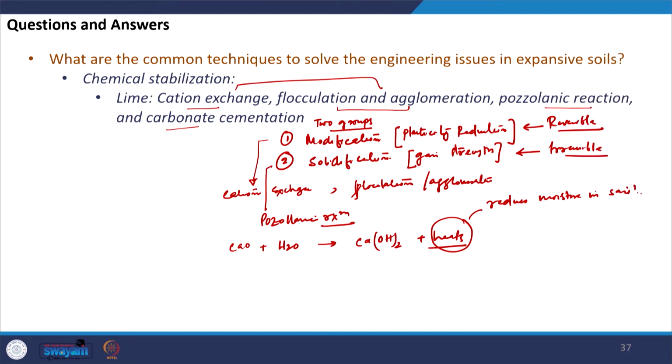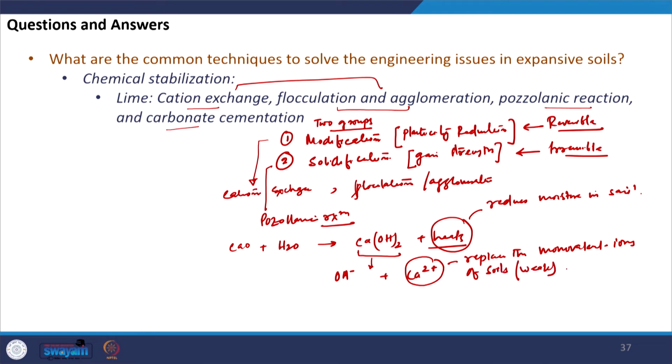Okay. Now, further, when the lime is dissolving in water, which means more Ca(OH)2 is formed, Ca(OH)2 further breaks into OH minus ion and Ca2 plus ion. Okay. So, what does this Ca2 plus ion do? It replaces the monovalent ions of soil, which are weak in nature, you can say, okay.